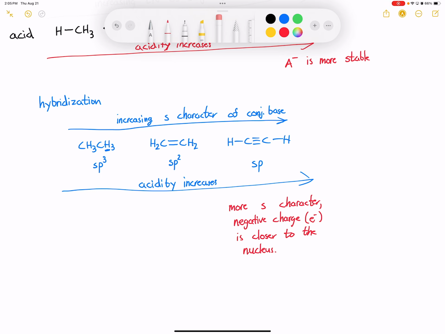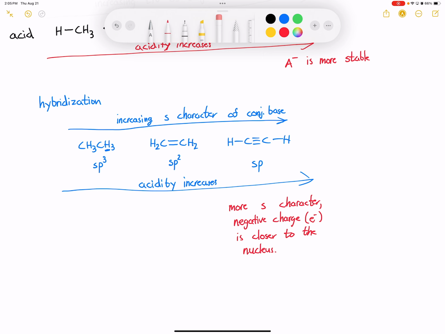But just think like this: if you have a spherical shape, you're going to have better overlap with something that's spherical, right? So there's a higher probability that you can get close to the nucleus. That's how I see it. Are there any questions about that one? No? Okay.